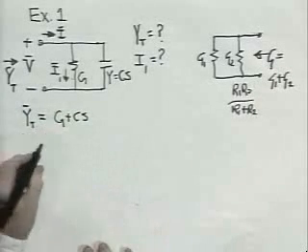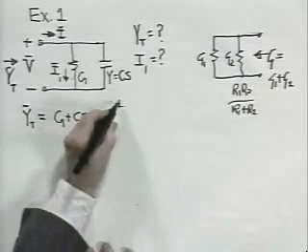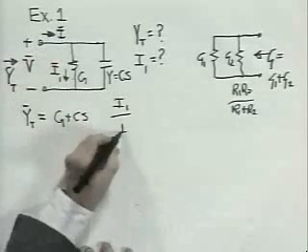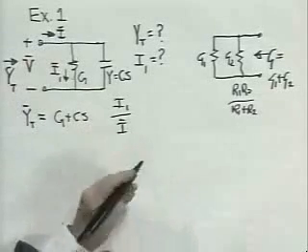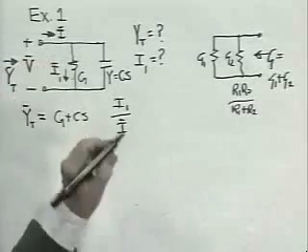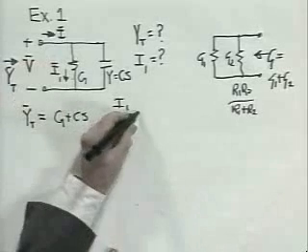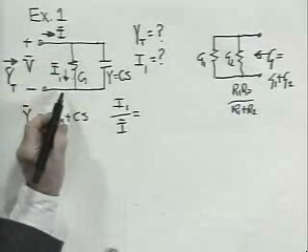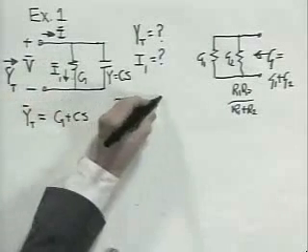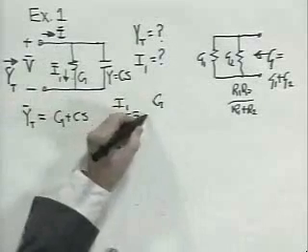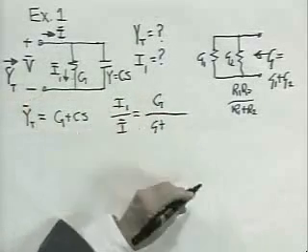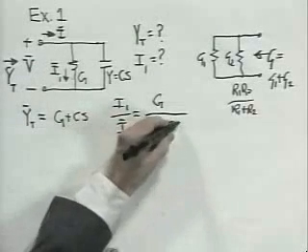And the current division ratio, I1 divided by capital I, the current at the terminals, is just the conductance in the branch whose current I'm trying to determine, G, divided by the sum of the admittances, G plus CS.